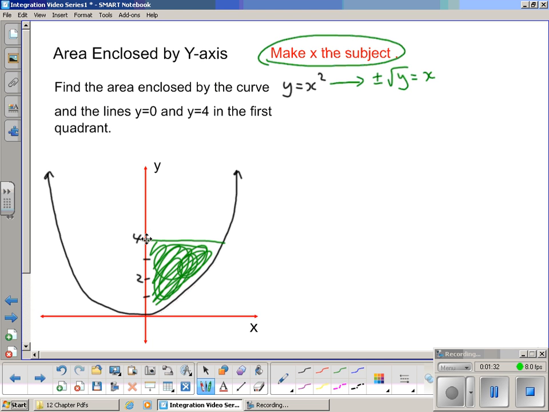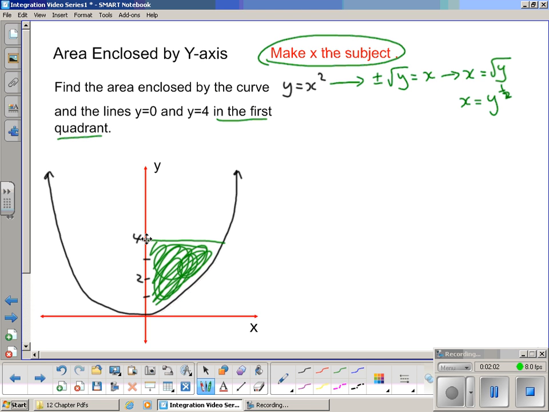But because the question says it's in the first quadrant only that we're considering, we can override that and just ignore the minus section of that. And so that will then translate into x equals root y. And just to make it a little bit easier to work with, we're going to call it x equals y to the power of a half. So that's going to be the function we're going to be working with here.